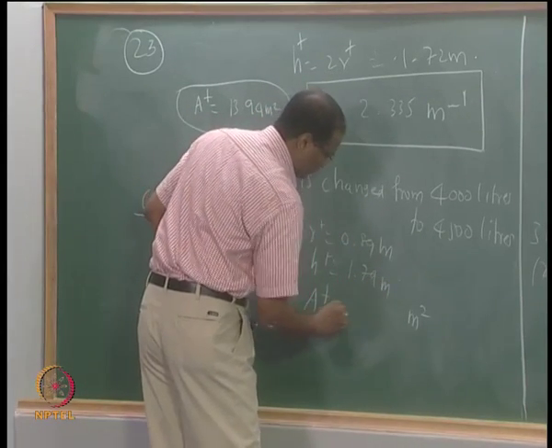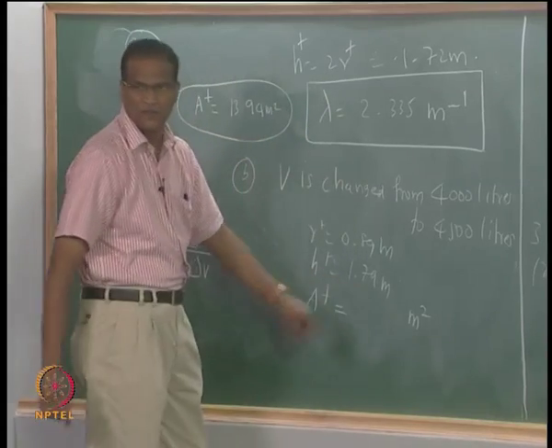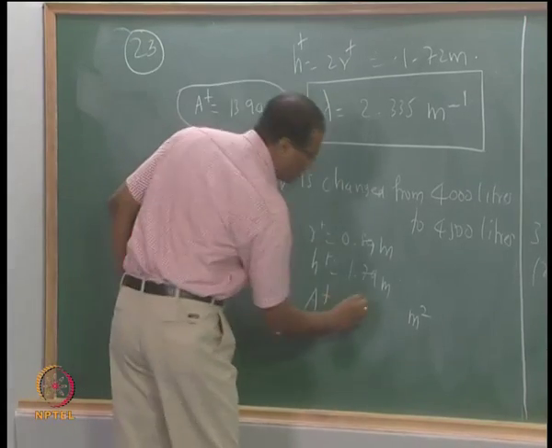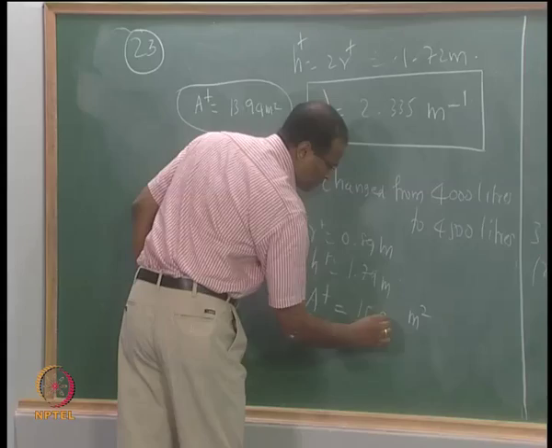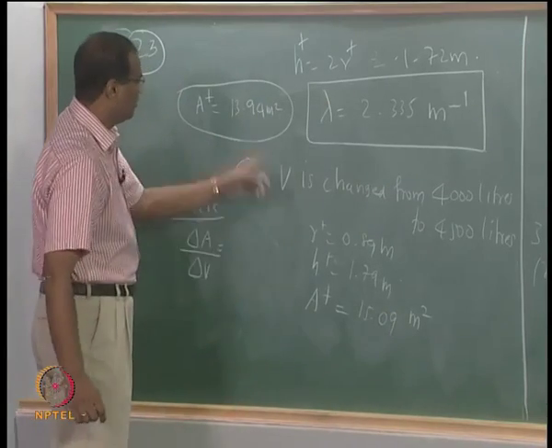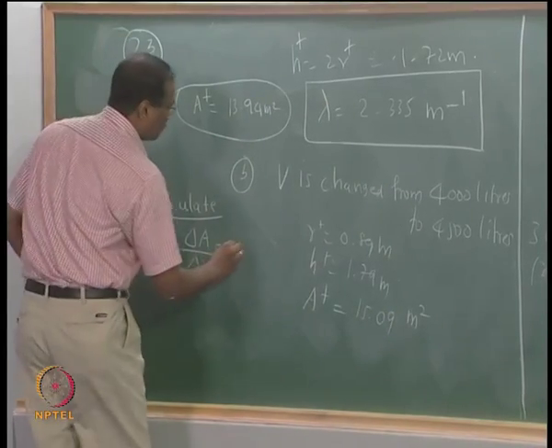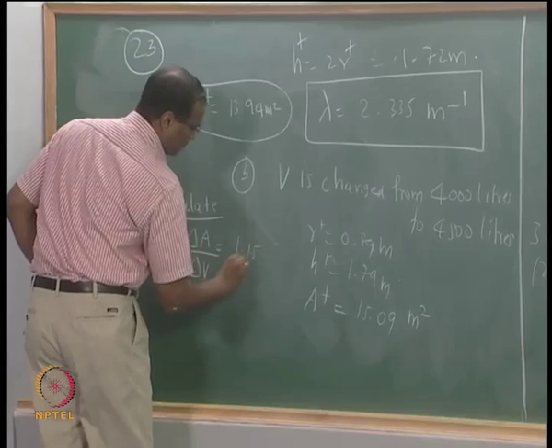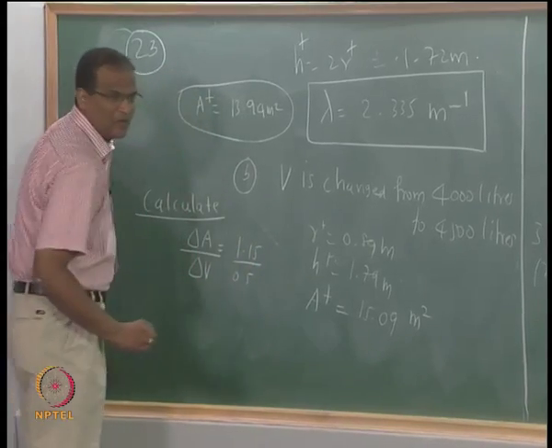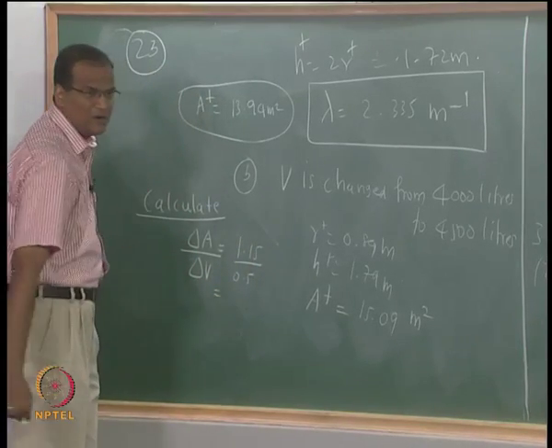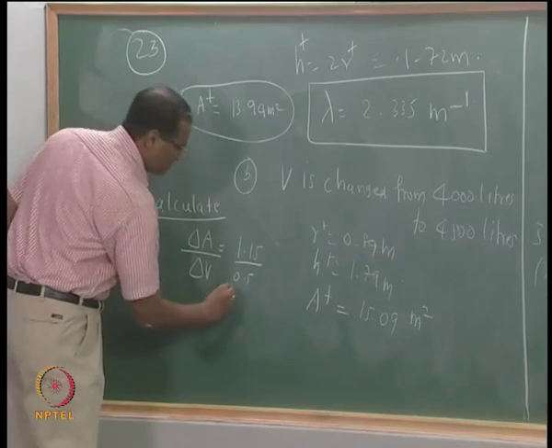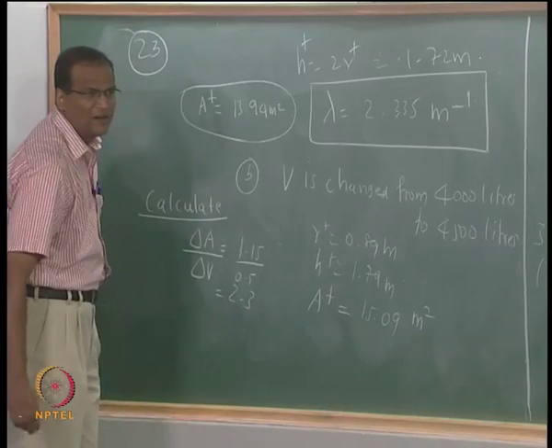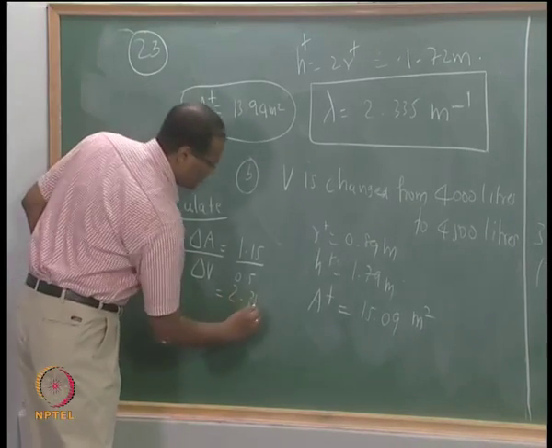Sorry, this is how much? 15.09. So delta A will be 1.15, correct, divided by 0.5. How much is this? 2.3 meter inverse.